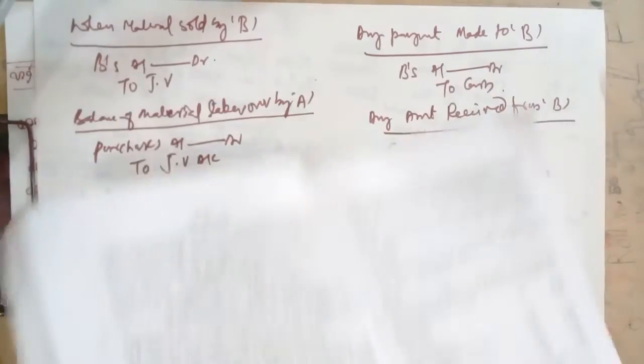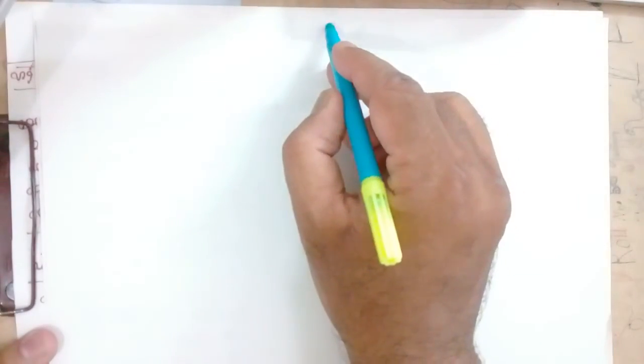Right? So we'll try to work out this problem. As I have explained journal entries already, what we need to do is just prepare the ledger accounts, ledger accounts in the books of A. Right? So we'll divide the paper into two parts.